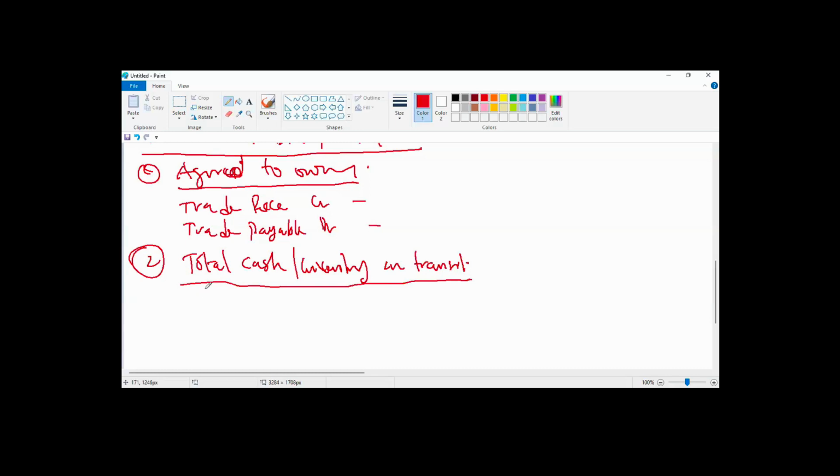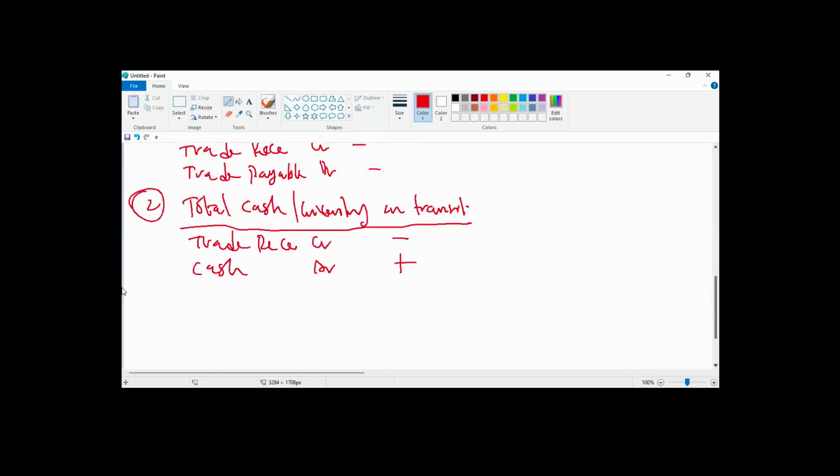What do you do in this regard? Trade receivable, credit minus. The cash that is in transit, I will debit. The third one: part in transit. Parts in transit. This is the third one.